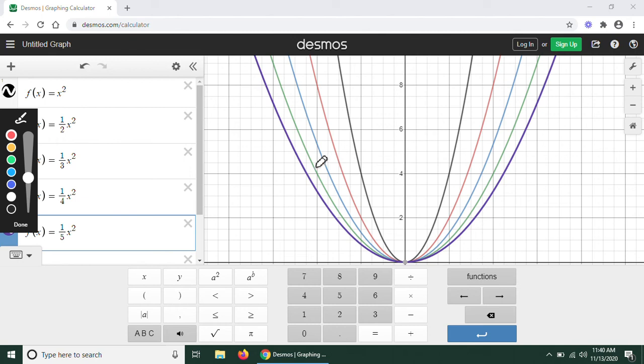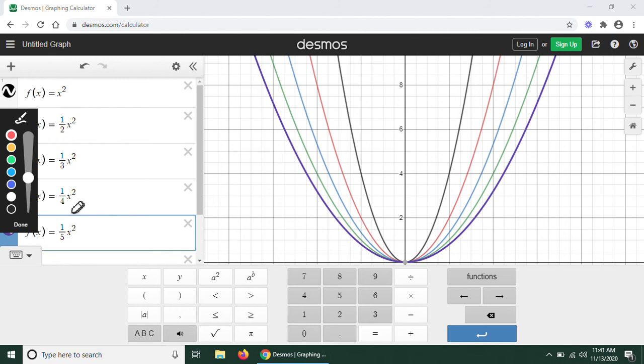So when the number outside of the parent function is a fraction between 0 and 1, the graph is going to get flat.